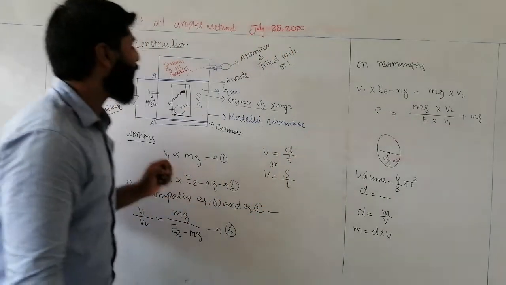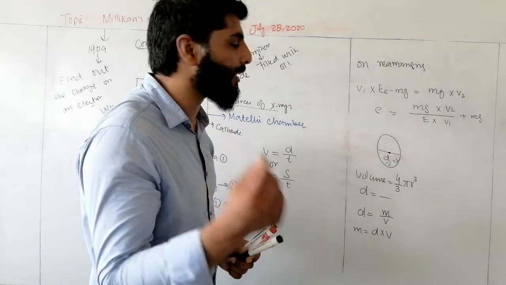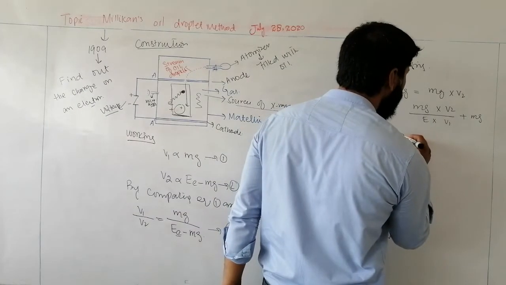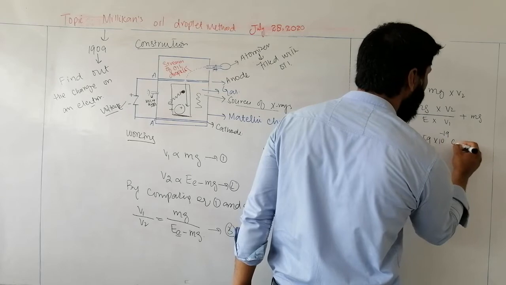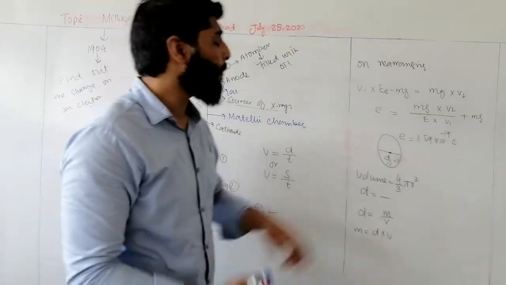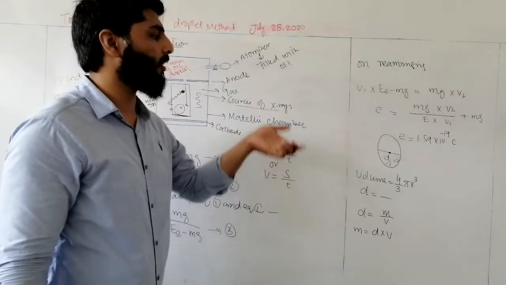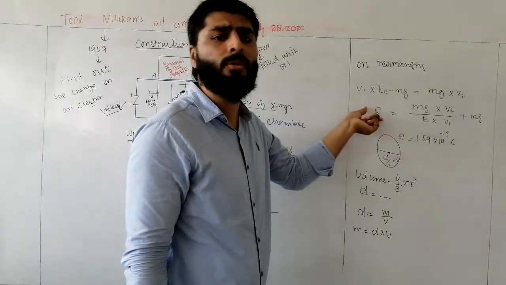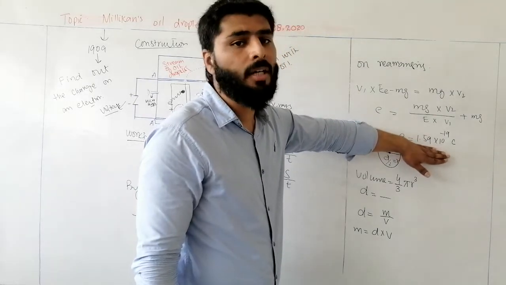This is how Millikan was able to calculate the charge on an electron, and the smallest charge that he found was e is equal to 1.59 into 10 raised to the power minus 19 coulombs. This was the smallest charge that he found, and he observed that by doubling or tripling the number of charges, meaning number of electrons 1, 2, 3, 4, 5 and so on, the value of charge also doubled, tripled and so on.